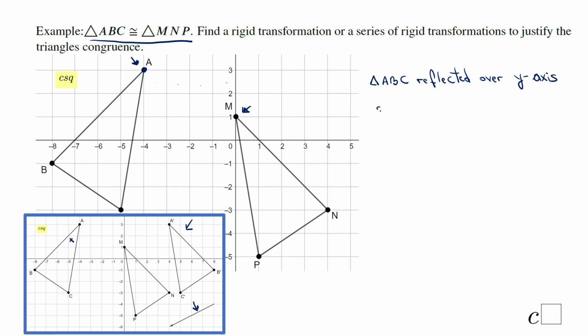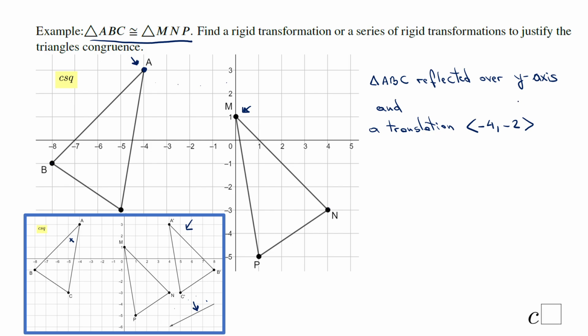And a translation by the vector. We're going what? 1, 2, 3, 4. 4 left, so it's going to be -4 and 2 down.